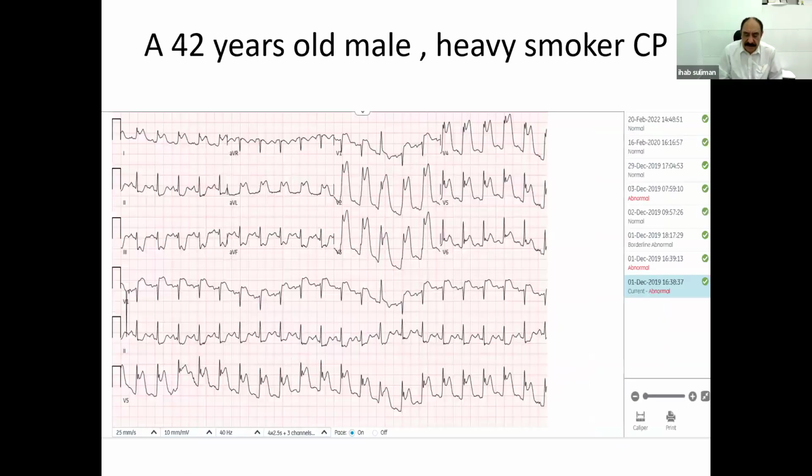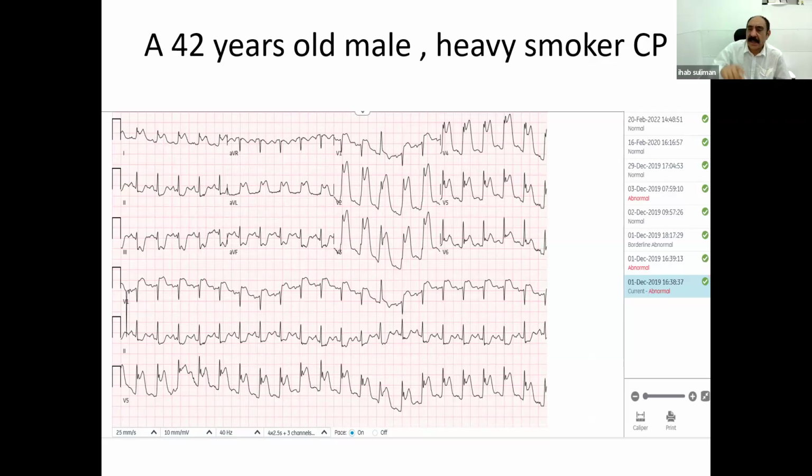So maybe this will be our last, but not least slide for a patient who came like 6 years ago with a bad type of MI, but he recovered. So we'd like you to show us where is the ST elevation and what do you call this ST elevation shape?